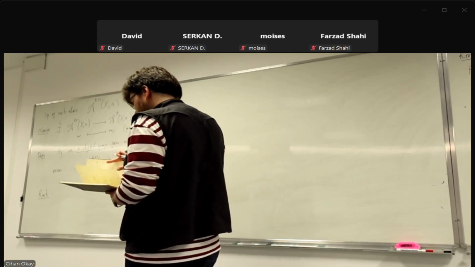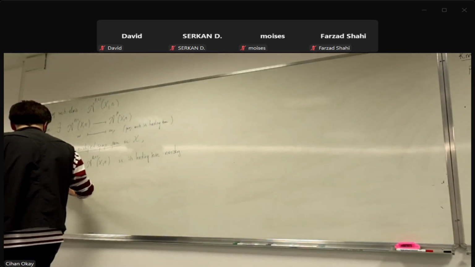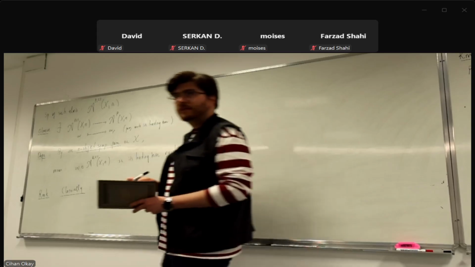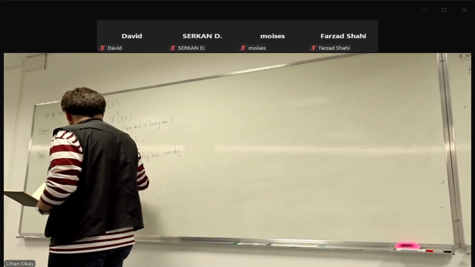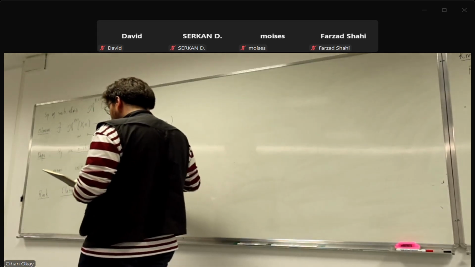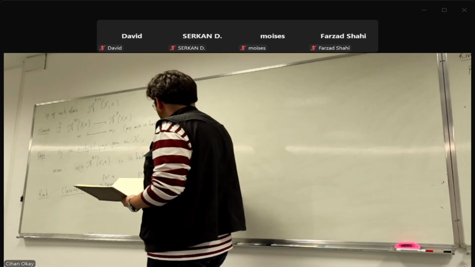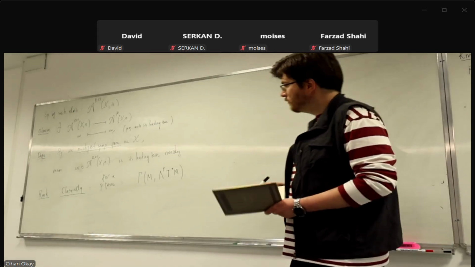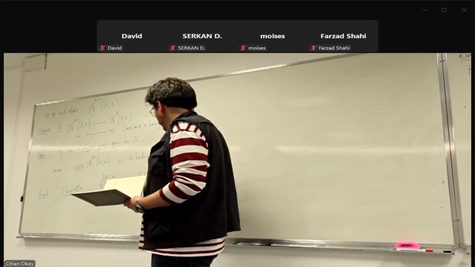So maybe we should recall the classical setup. Classically, when we say a P form, we mean the following. We consider the section of the exterior power of the cotangent bundle. Let's say M is a usual smooth manifold.